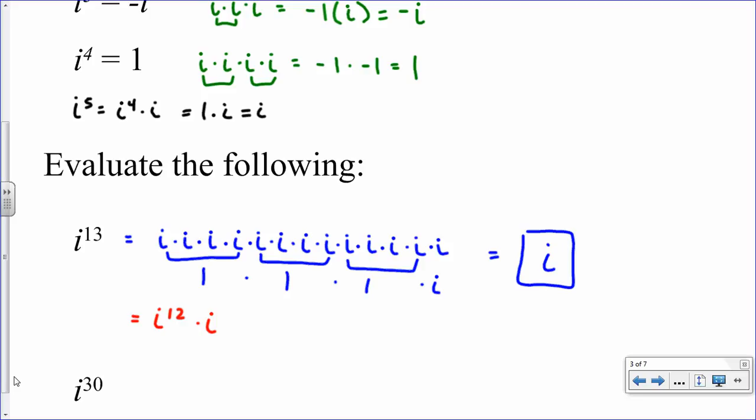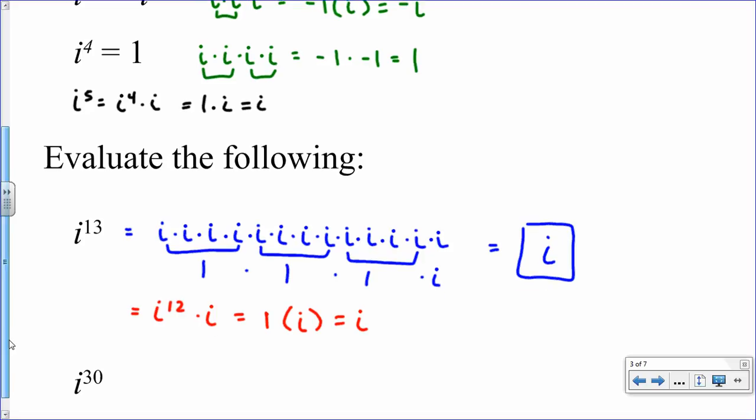Because it's a multiple of 4, and then I have 1 left over. So that's what we want to look for: multiples of 4 without going over the exponent.